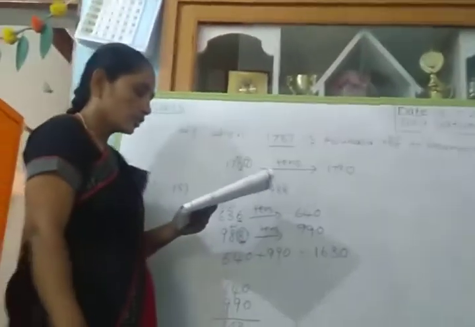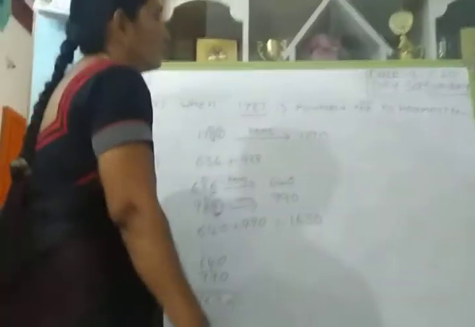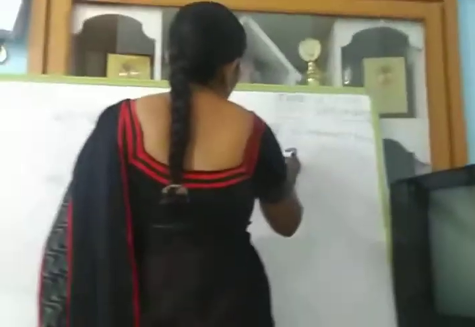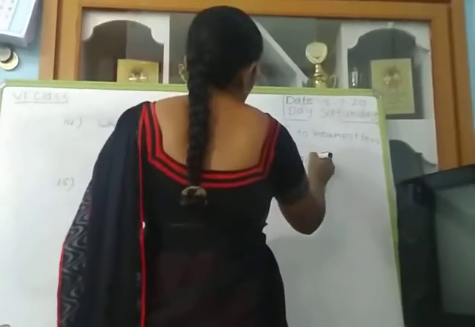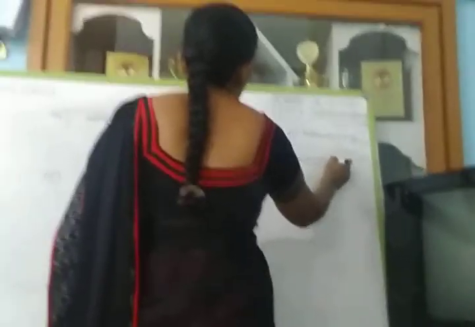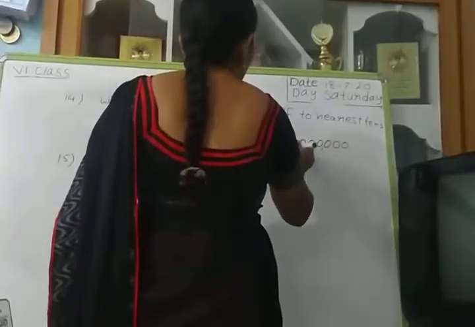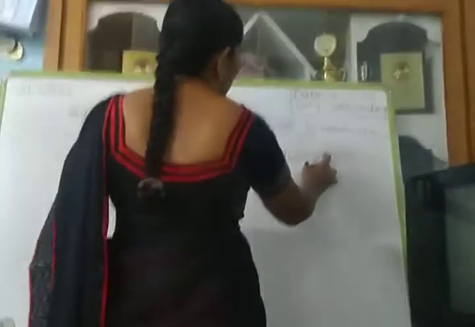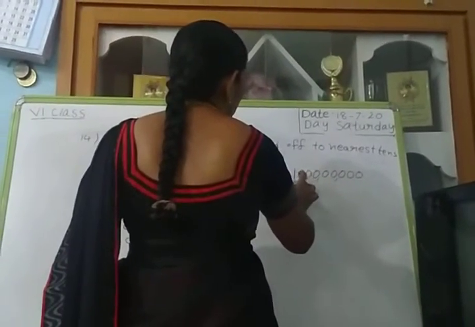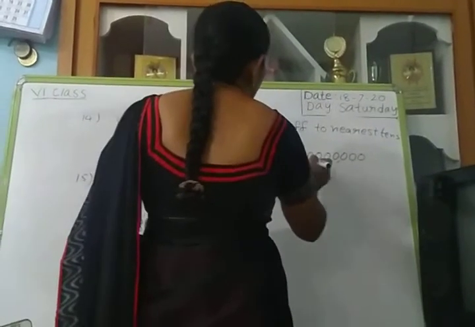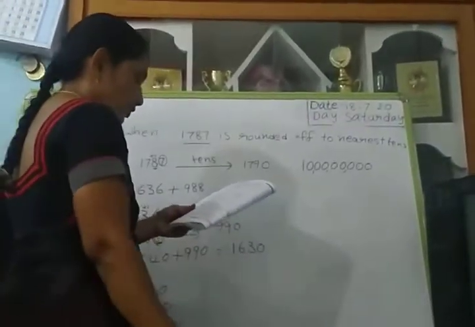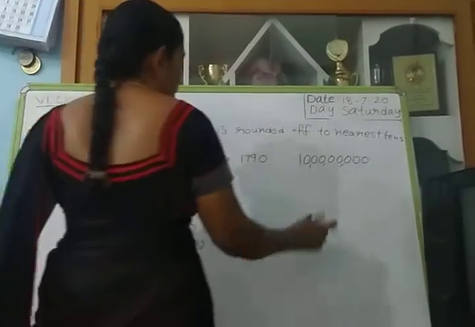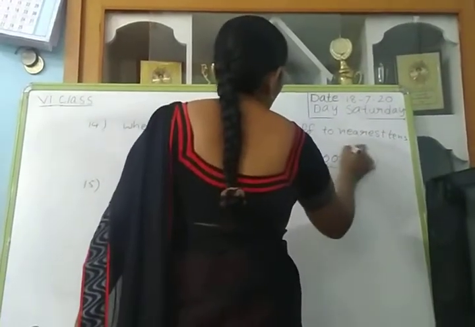The number of zeros in 10 crores. First, how will we write 10 crores? How many digits are there? You have to check it once. See, ones, tens, hundreds, thousand, 10,000, lakh, 10 lakh, crore, 10 crore. They ask for the number of zeros, so we have to count only zeros.